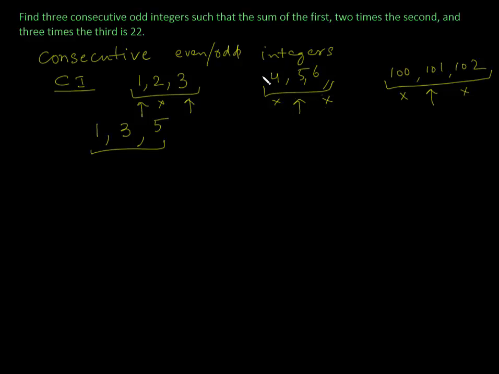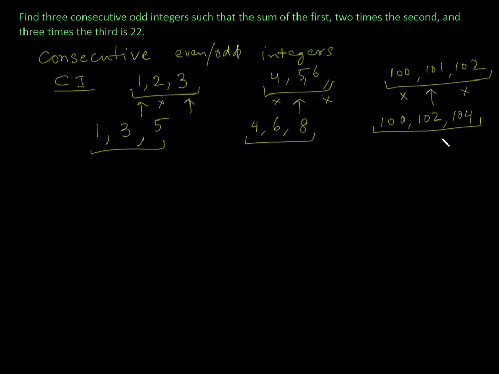Similarly, if I start with 4, 6, 8, skip counting, then all the integers are even. Similarly, in the last example, 100, skip count, 102 and 104. All 3 numbers are even, right?